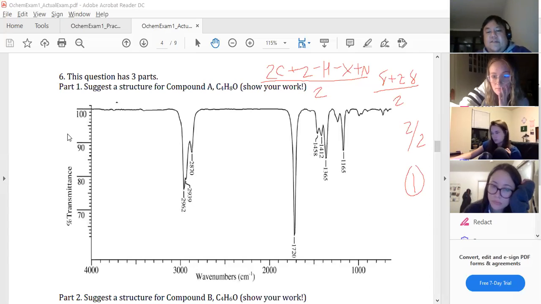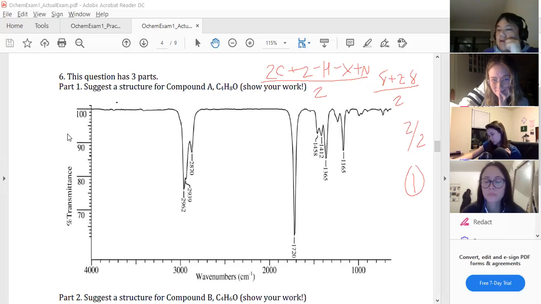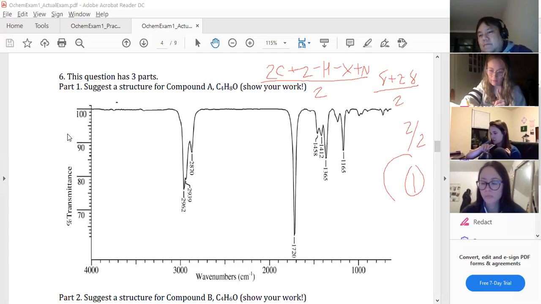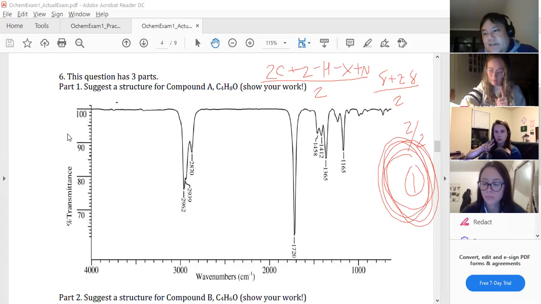So what do those degrees of unsaturation tell me? How many double bonds or rings? Pi bonds or rings? So how many pi bonds or rings does this molecule have? One. That's what the degrees of unsaturation tells us.